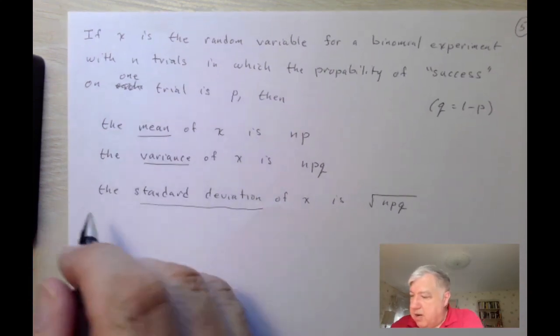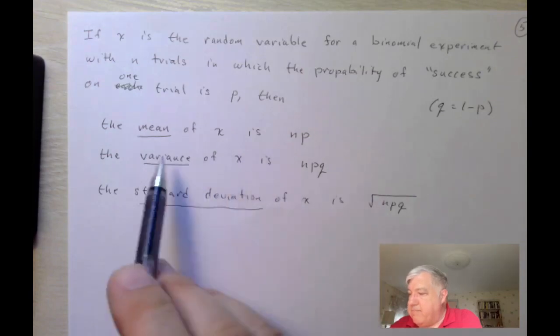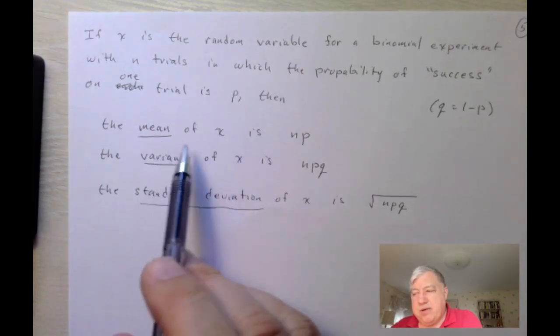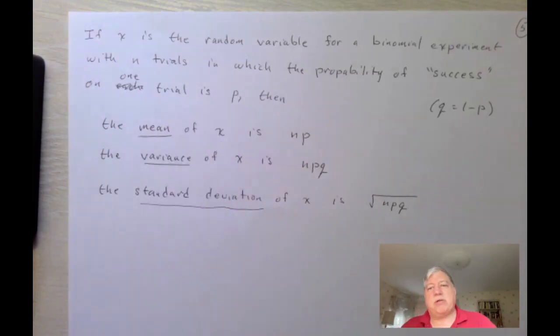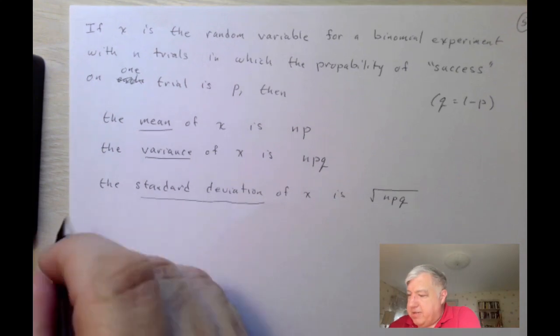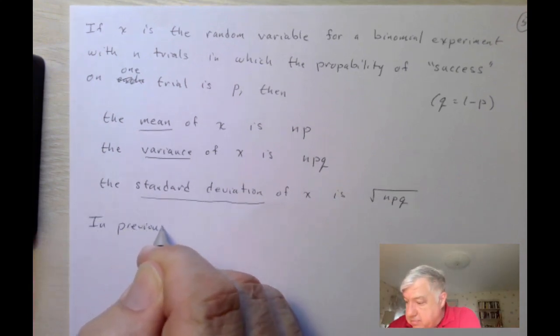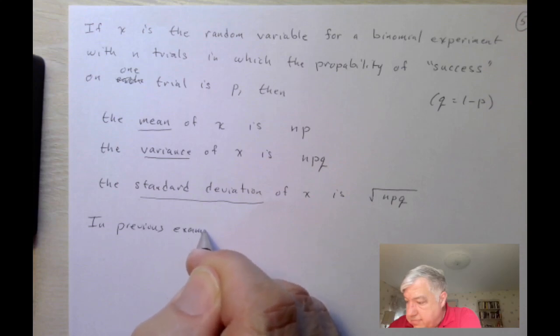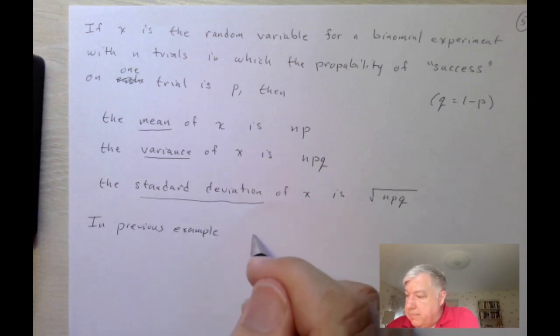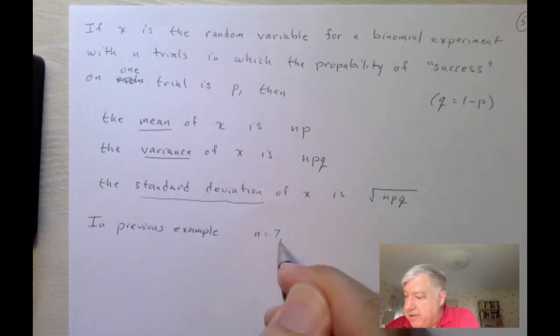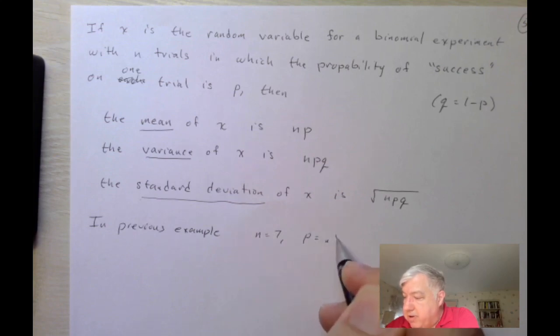And the mean, again, is kind of like the expected value of x. So what would we expect? What was the theoretical average of x in the long run? So in the previous example, n was 7, p was 0.56, and q was 0.44.